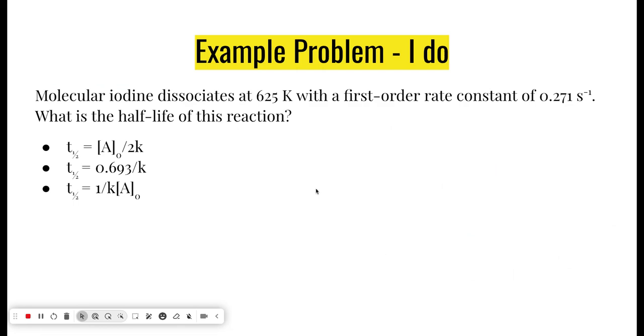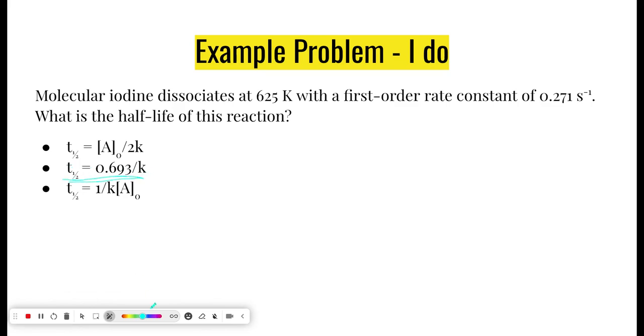Okay, so this says molecular iodine dissociates at 625 Kelvin with a first order rate constant of 0.271 per second. What is the half-life of this reaction? So very simple, guys. It says it's first order, so we're going to use equation 2.